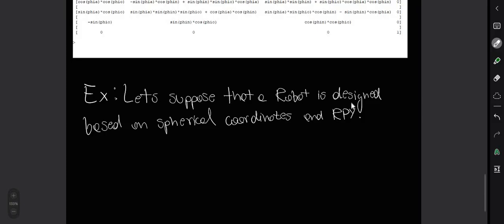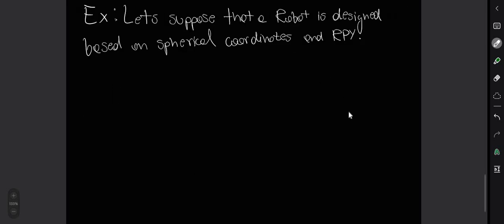Okay, we don't even need to draw a cylinder representing its coordinates. And right here, it already gave us an H frame in relation to the R frame.